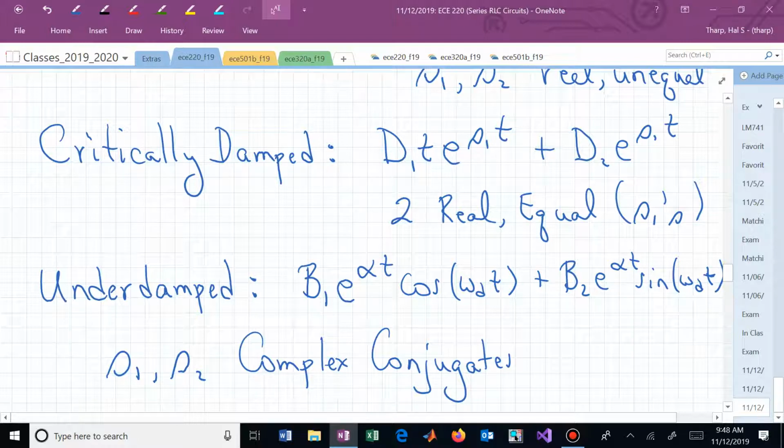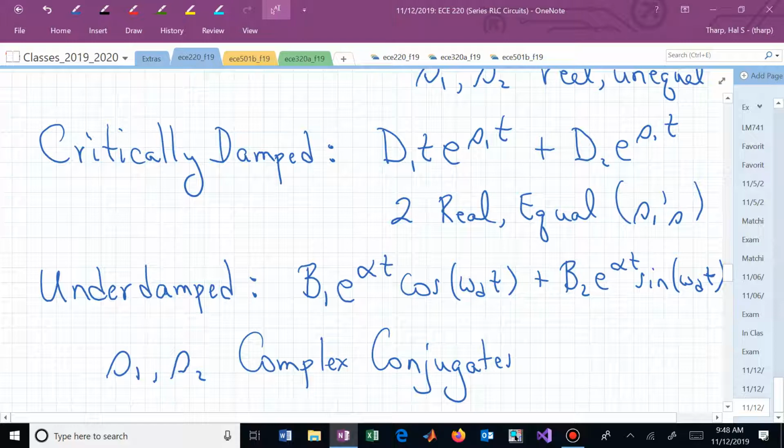But here we just refer to those as the roots of our characteristic polynomial, in the characteristic equation, and that's S sub 1, S sub 2 at minus alpha plus and minus j omega sub d. Omega sub d is the imaginary component of our roots. That gives us the oscillating piece.